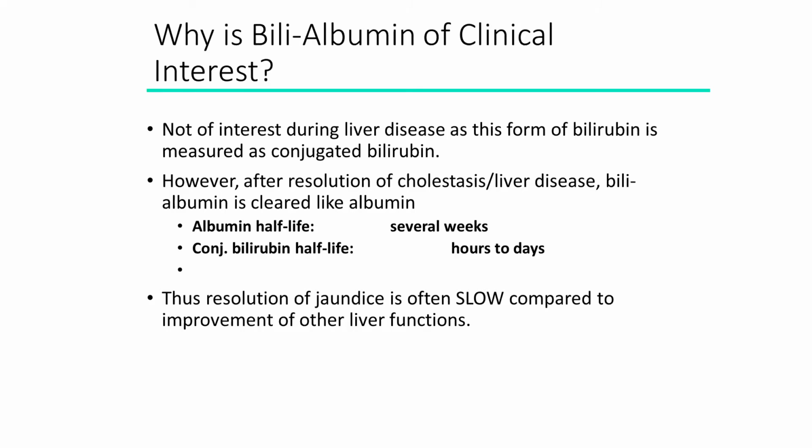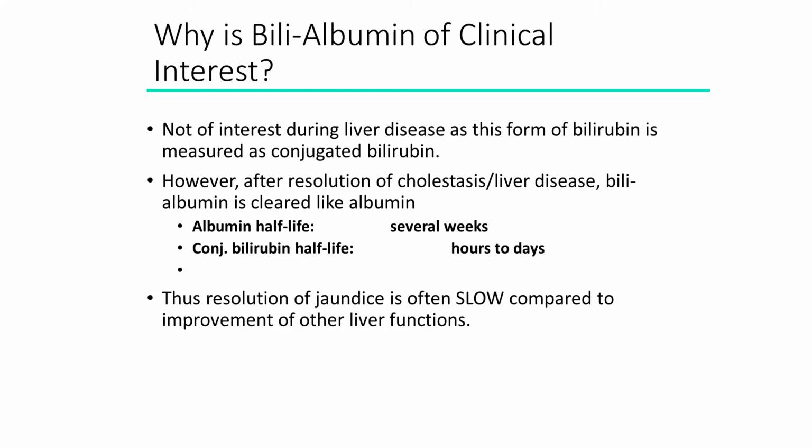Therefore, the resolution of jaundice is often slow compared to the improvement of other liver functions, because bilirubin stays in circulation for a longer period of time since it is bound to albumin.